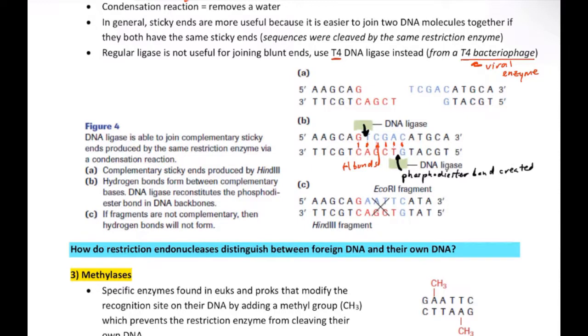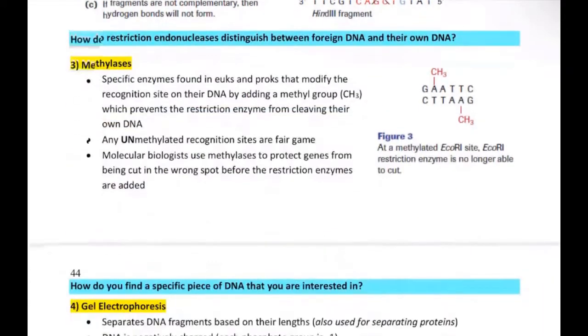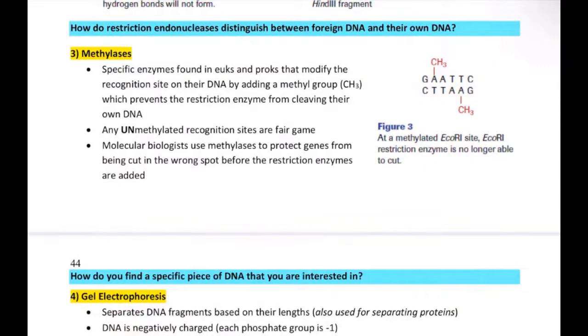So the very next question you should be thinking of is, okay, if these are bacterial enzymes that do the cutting, because we want to cut foreign pieces of DNA, how then do the bacteria not just end up chopping up their own DNA? They must be doing something to protect theirs from their own enzymes. And in fact, what ends up happening is they know how to distinguish or tell the difference between their DNA and outsider DNA because they have these enzymes called methylases.